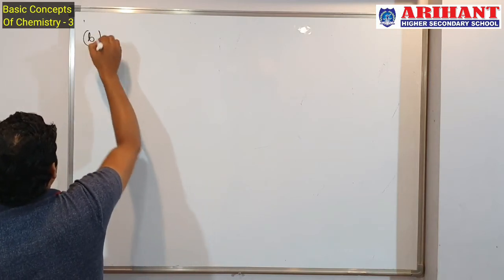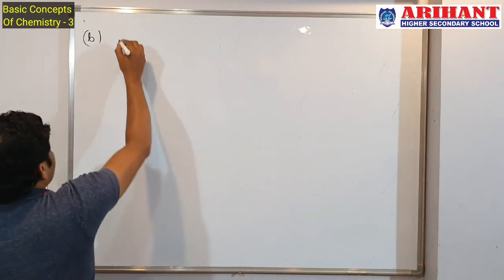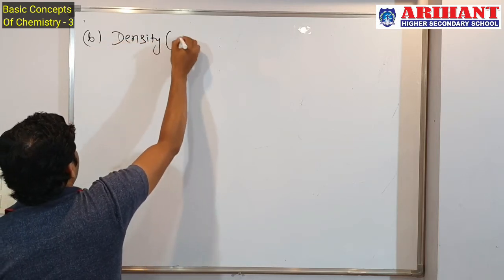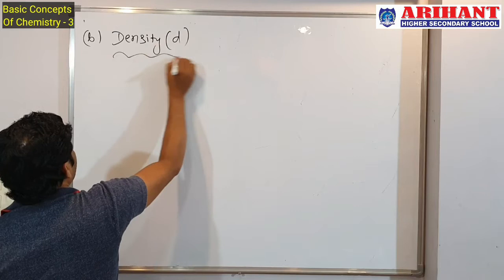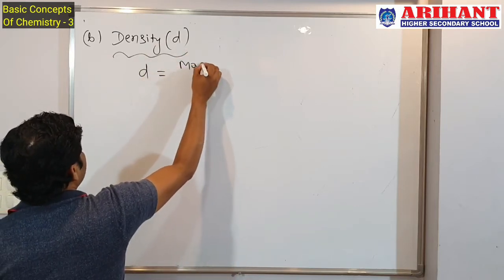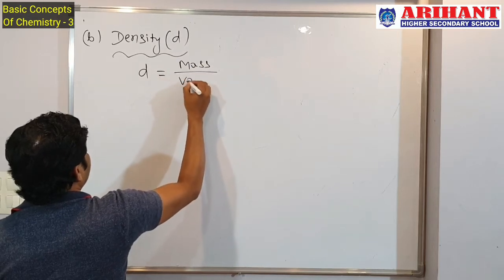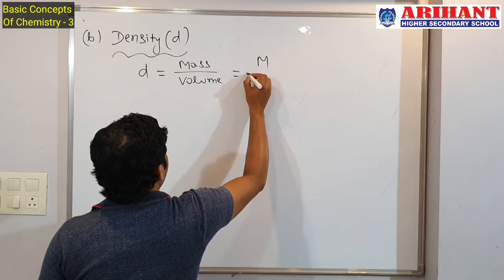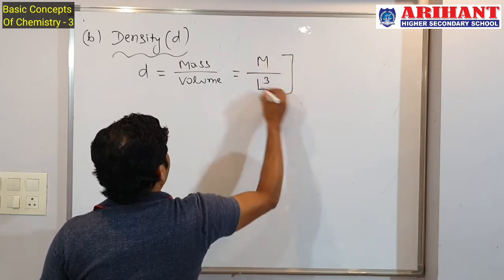B, density. D is equal to mass by volume. Mass is m, volume is L cube.